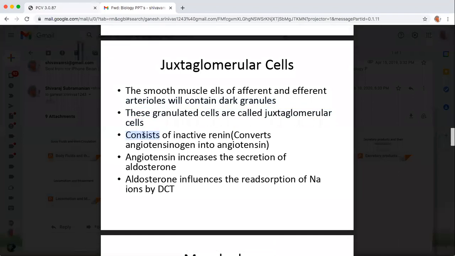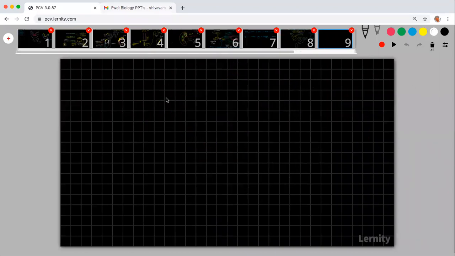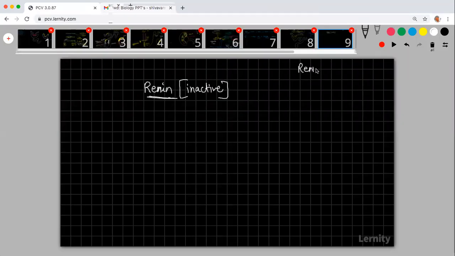These granulated cells are called juxtaglomerular cells. They contain something called renin. Renin will be in inactive form. Please note the spelling here. It is RENIN. I'm not using RENNIN. What is RENNIN? It is a digestive enzyme. What is RENIN? It is a hormone.